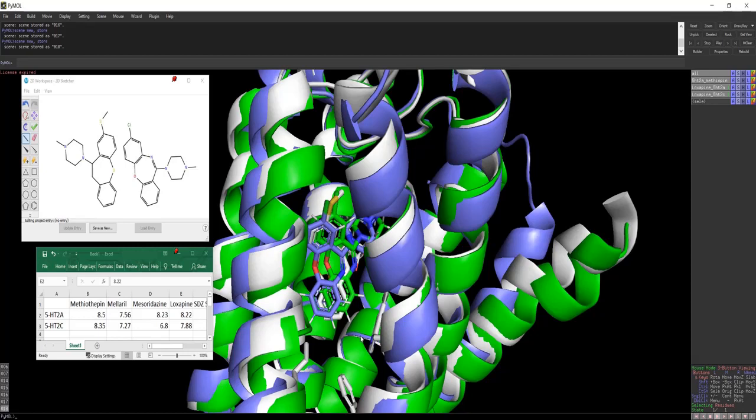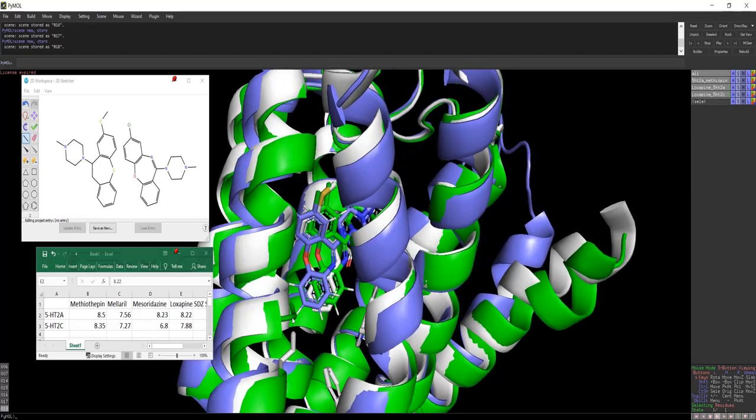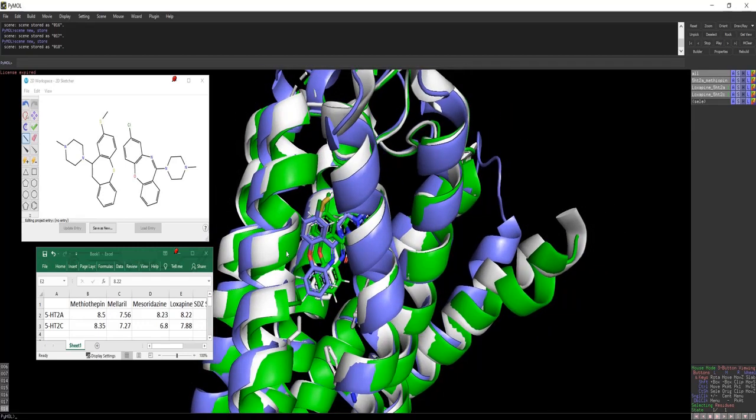There is a slight shift left to right, and I think that's primarily, again, because of the shift of the helix. Now that it's slightly more open, this can shift slightly more to the left. But again, the similar binding pose is probably why there isn't that big of a deviation between 2A and 2C, as what we saw in, say, for example, mesoridazine.